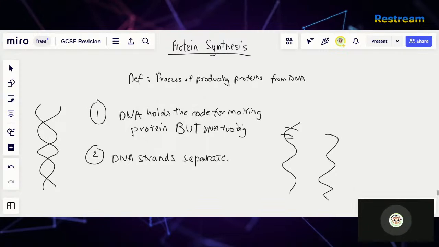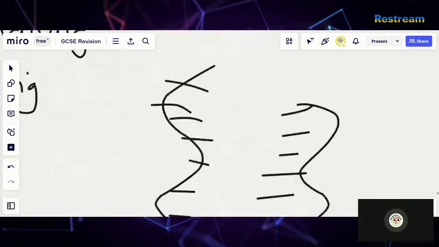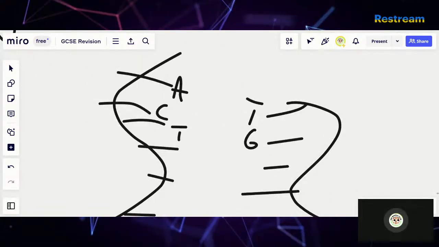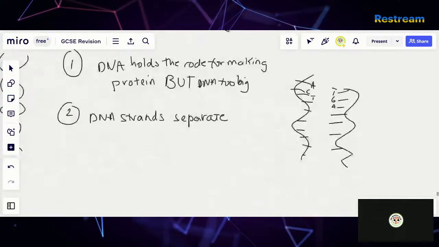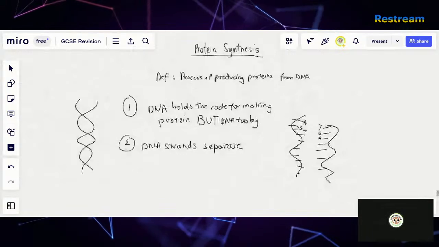That means that one side has one of the bases and the other side has the other bases. For example, if that was A, then that would be T. If that was C, that would be G. If that was T, that would be A, etc. So the DNA strands separate.